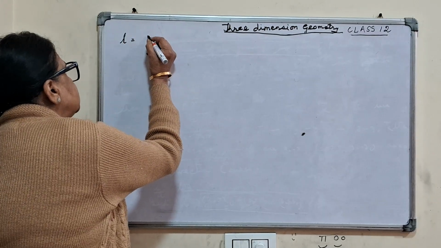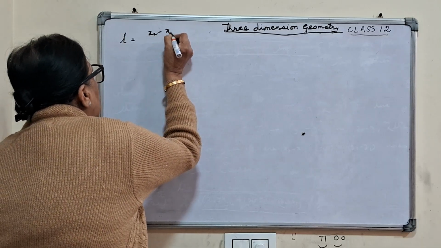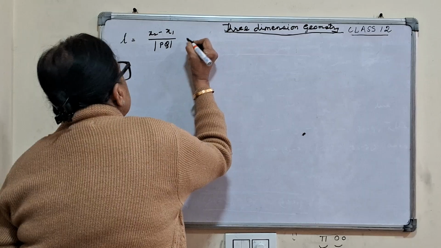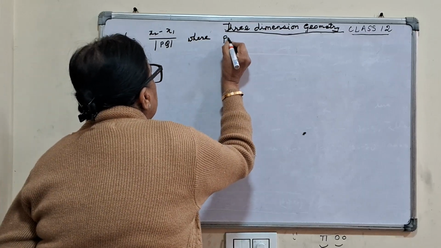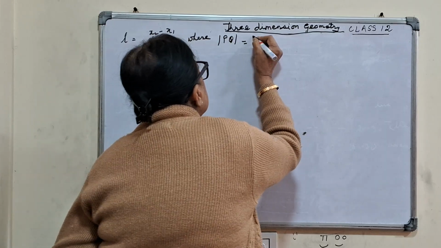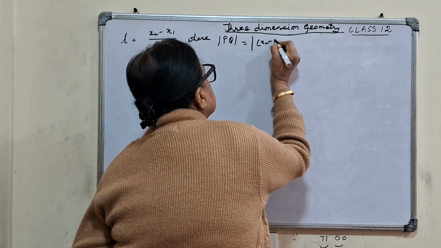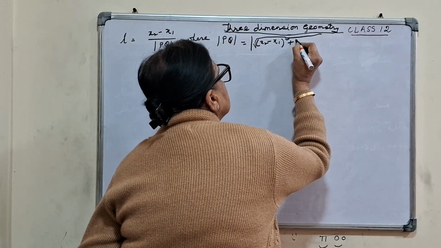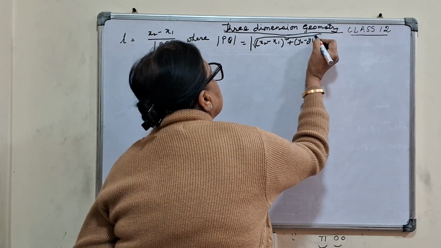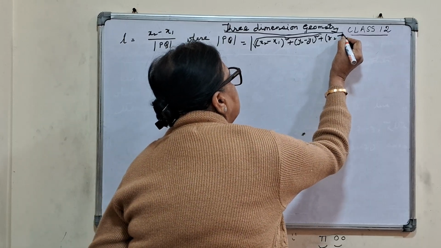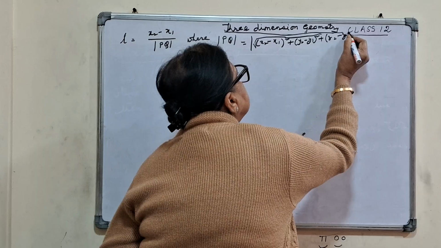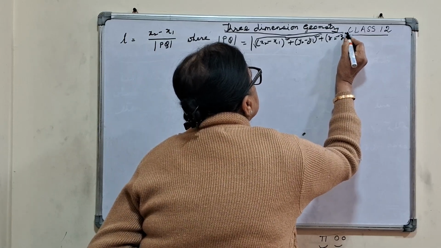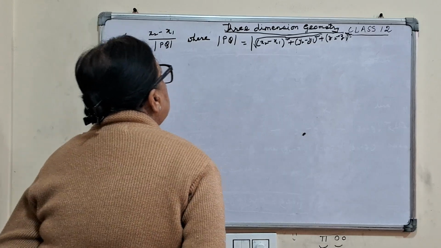L is equal to x2 minus x1 divided by mod of PQ, where PQ is equal to mod of root over (x2 minus x1) whole square plus (y2 minus y1) whole square plus (z2 minus z1) whole square.